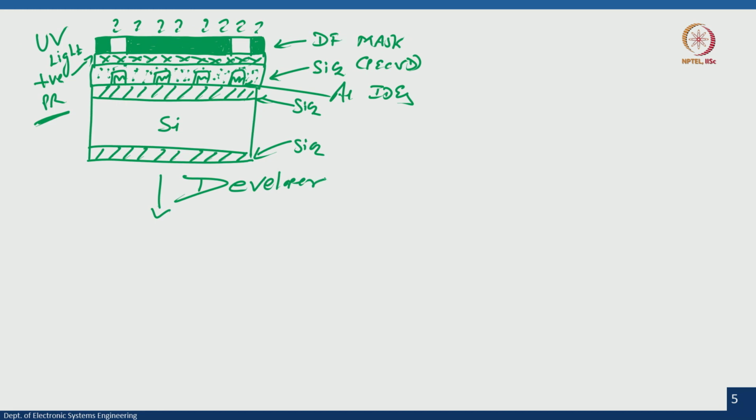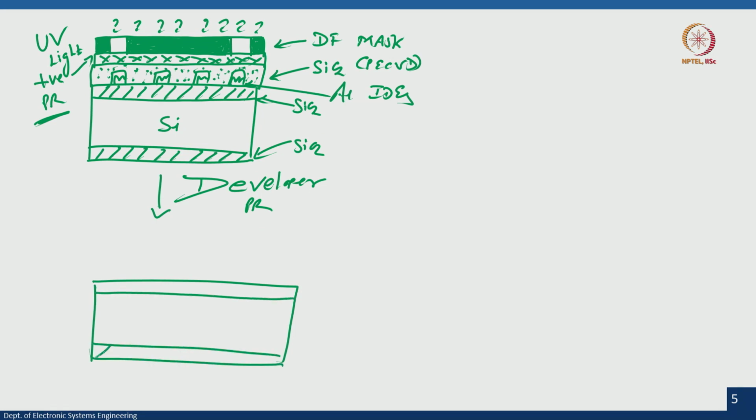So, when I dip this wafer in photoresist developer, what will I have? I will have oxidized silicon wafer with an interdigitated electrodes and now you see, okay, what will happen. Our oxide is there, right, and the area which is not exposed of the photoresist will become stronger.